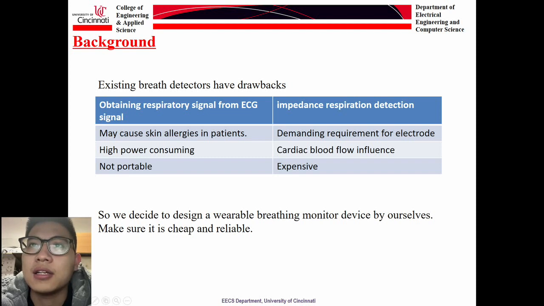Moreover, the cardiac blood flow will influence the correct results. With the consideration of all those drawbacks, our team decided to design a wearable breathing monitor device by ourselves, so that we could get a device that is cheap and portable.